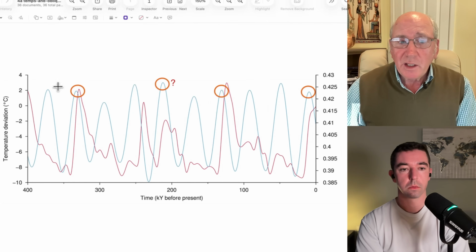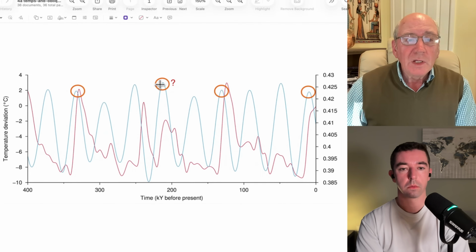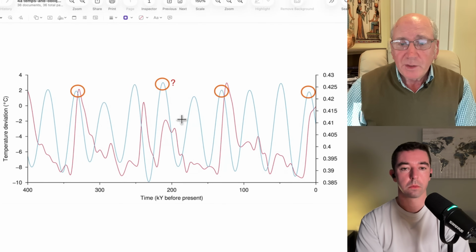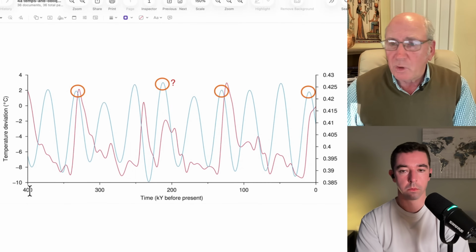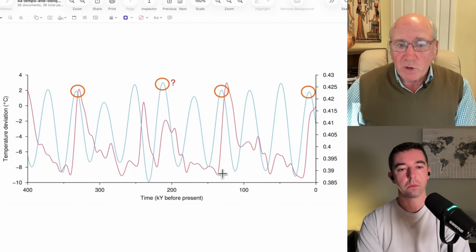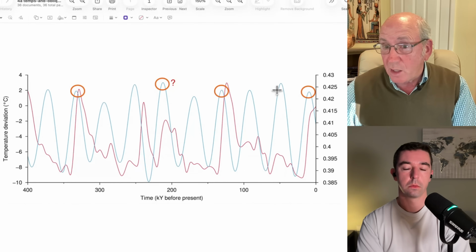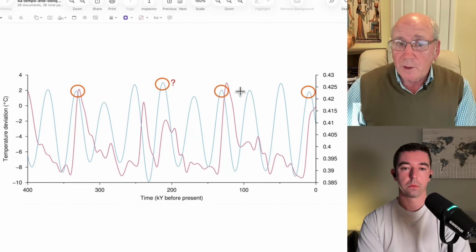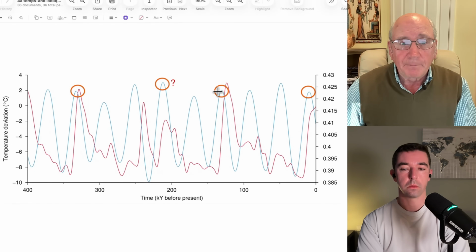Here is obliquity on its own with no precession. So this is the standard obliquity cycle in blue. This time we're going from 0 back to 400,000 years, so not quite as long in this chart. Red is temperature again. The blue is the obliquity cycle, and it's a 40,000 year cycle as we saw before. So about twice as long as the precessional cycle.